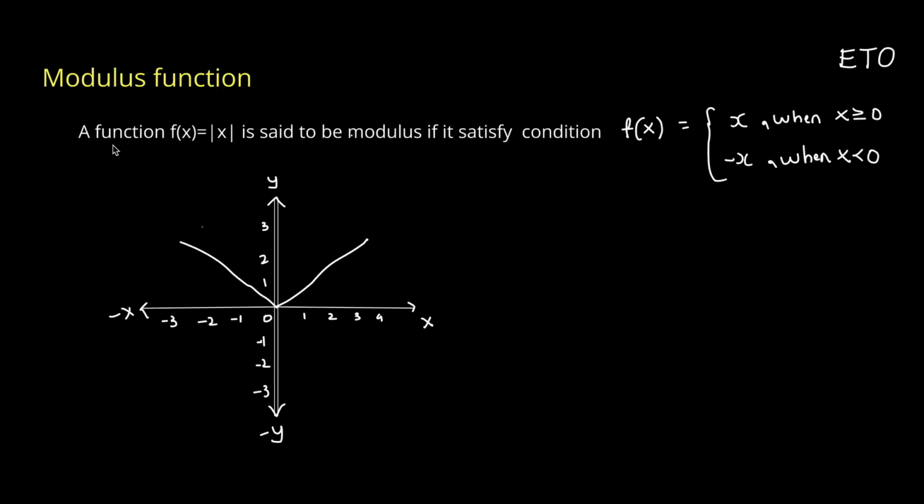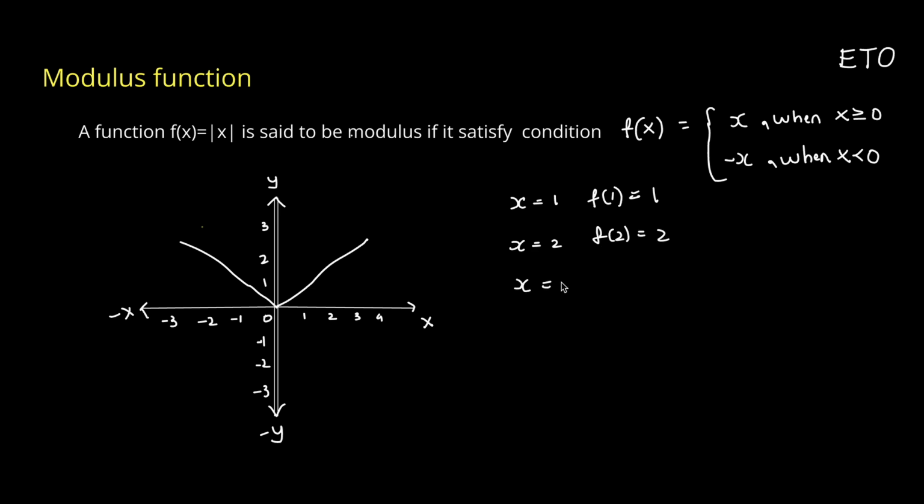Modulus function. A function is said to be modulus if it satisfies the condition f of x equals x when x is greater than 0, and f of x equals minus x when x is less than 0. In this two-dimensional coordinate system, I have applied this condition, so we are getting this graph. When x equals 1, y will also equal 1. When x equals 2, y will also equal 2.